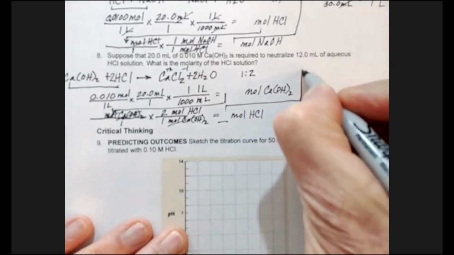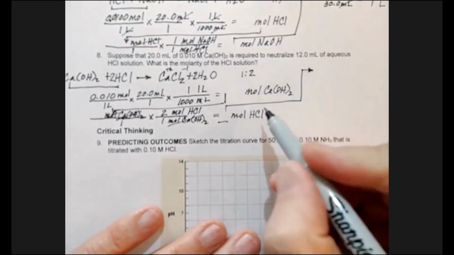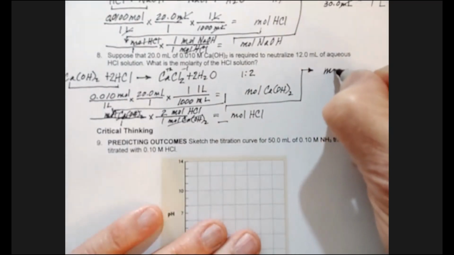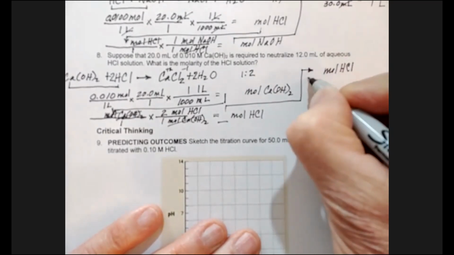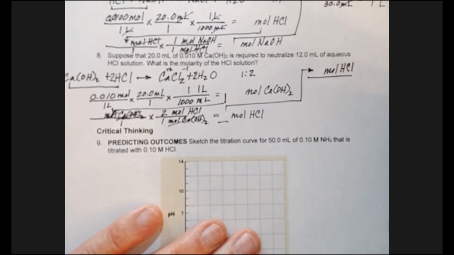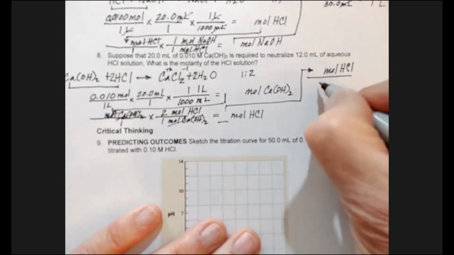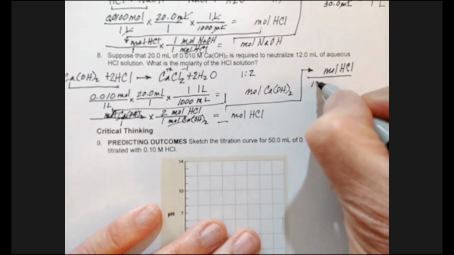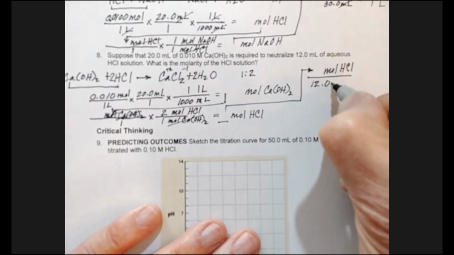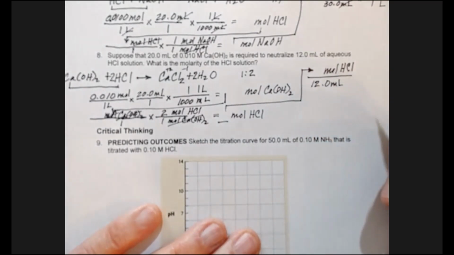Okay, so then we have that answer. We need to put it here again, and we want to end up with molar. So we're going to take our moles of HCl, and to get it into molar, we have to have liters on the bottom, but they didn't give it in liters. They gave it in milliliters. So to fix that, we did what?